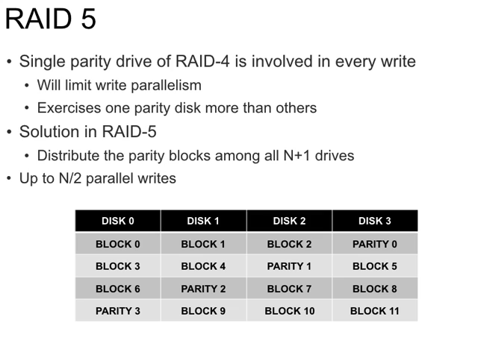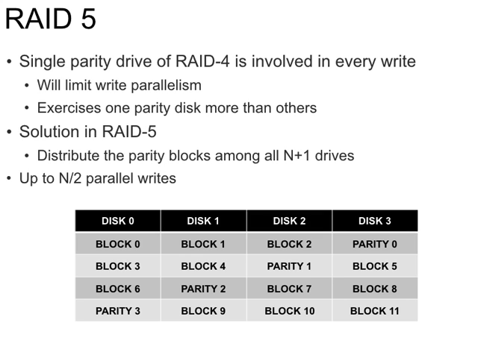In this example, you could be writing to block 0 and, say, block 4 at the same time. To write to block 0, you would update disk 0 and disk 3 where the parity information is stored.